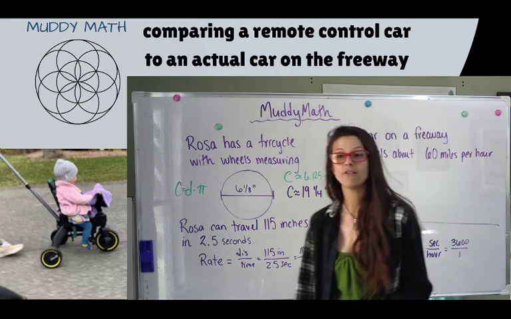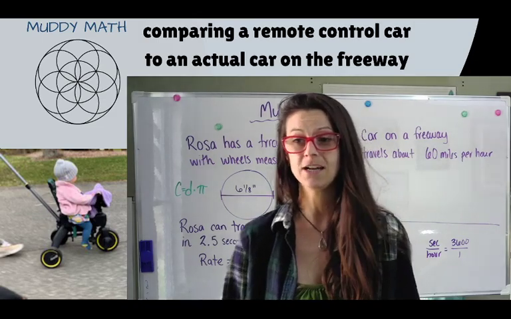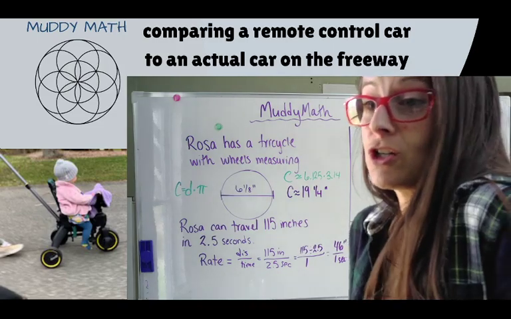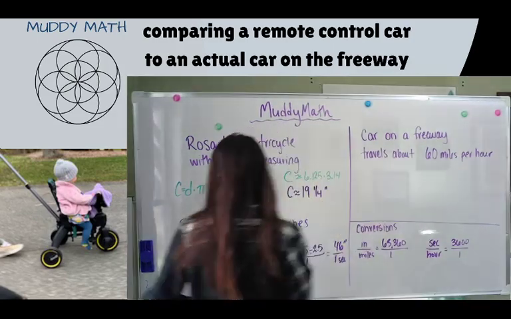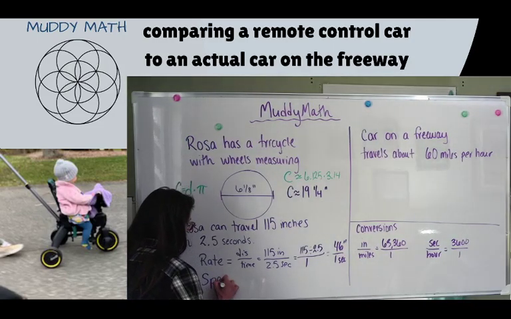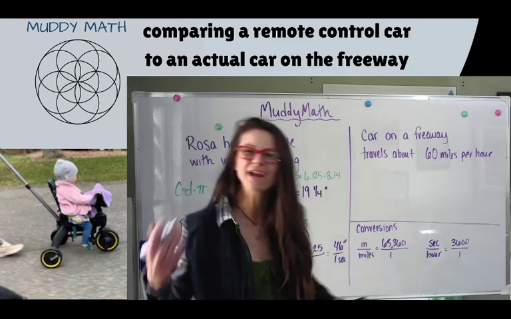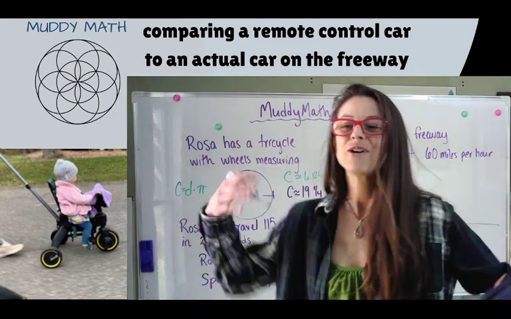Okay, so she is traveling about 46 inches per 1 second in our driveway, and I will get out of your way. So that's her speed. Her speed or her rate is 46 inches per second.